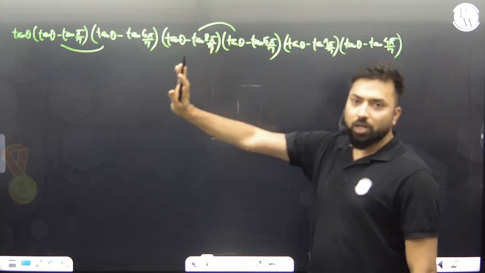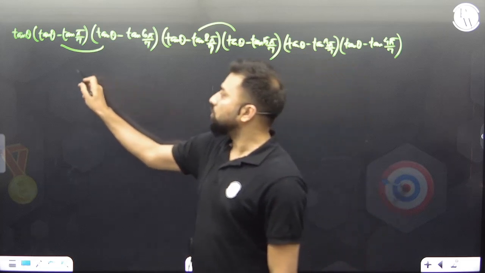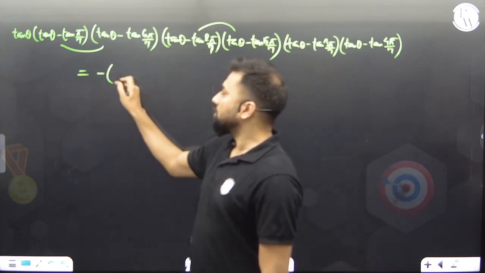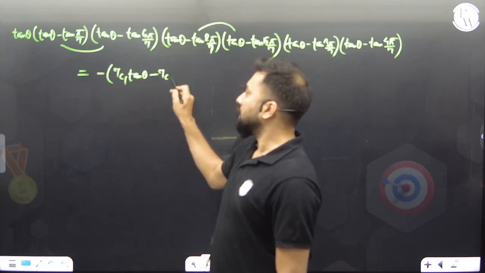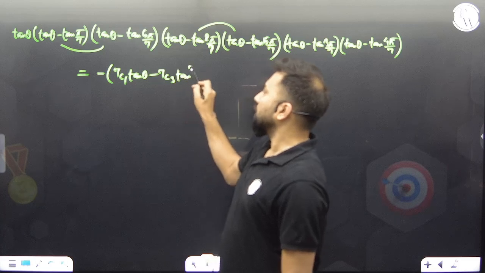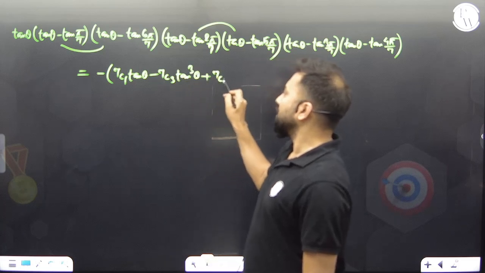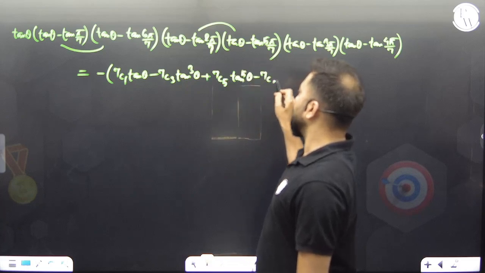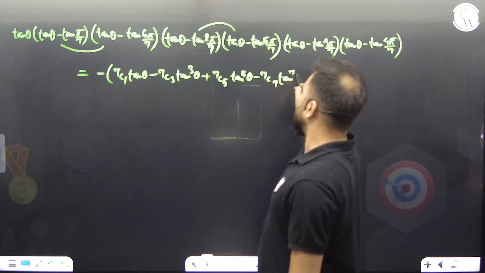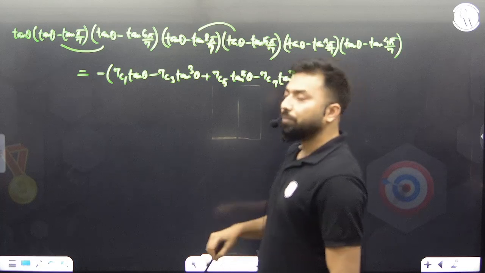So this is the product here. Now this will be equal to negative of 7C1 tan theta minus 7C3 tan cube theta plus 7C5 tan raised to the power 5 theta minus 7C7 tan raised to the power 7 theta, okay?